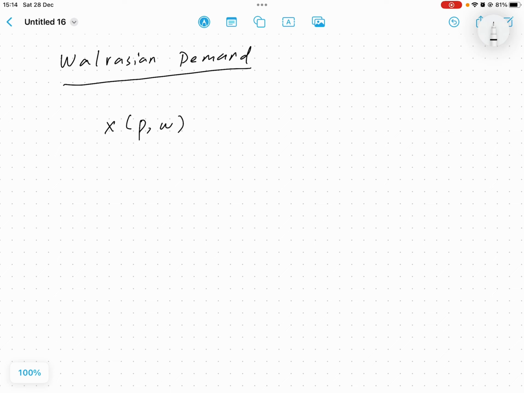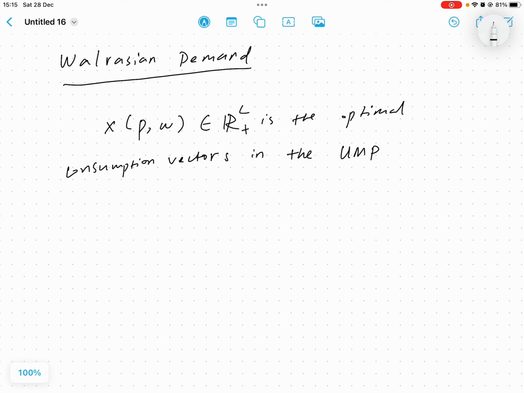This x will be a real vector with positive real values in L dimensions, and this is the optimal consumption vectors in the UMP, under each situation with this price and wealth combination, and each dimension is strictly greater than zero.